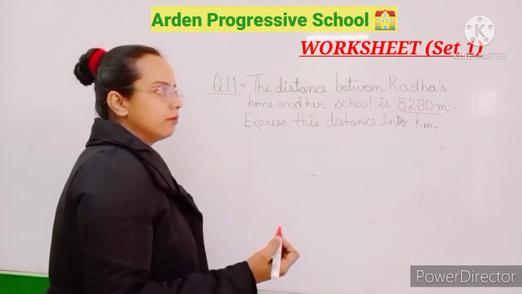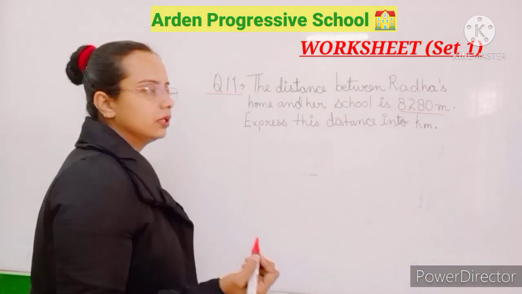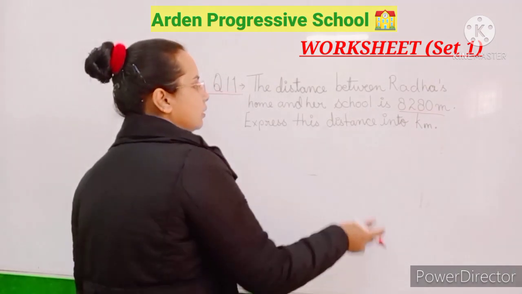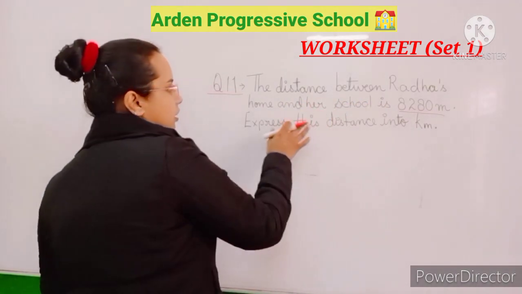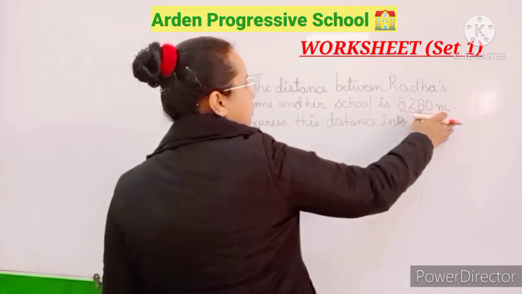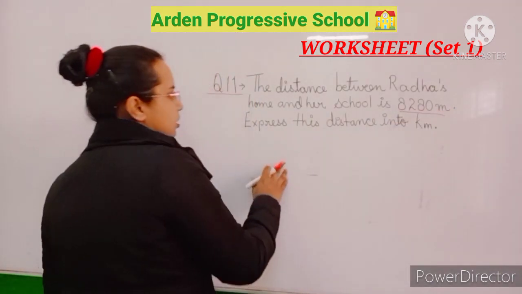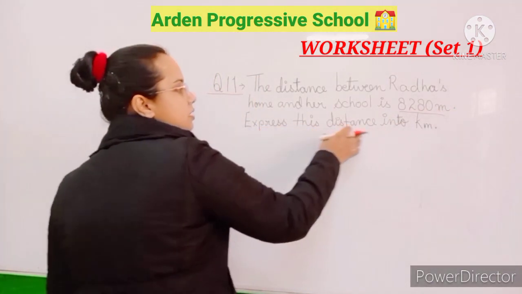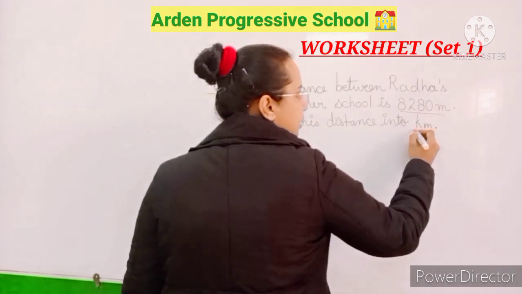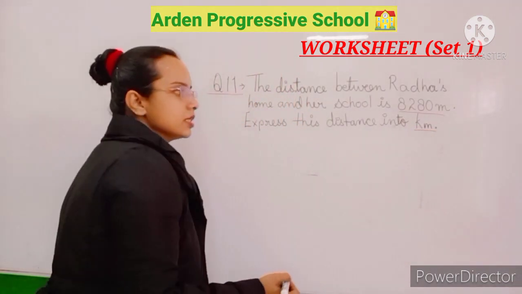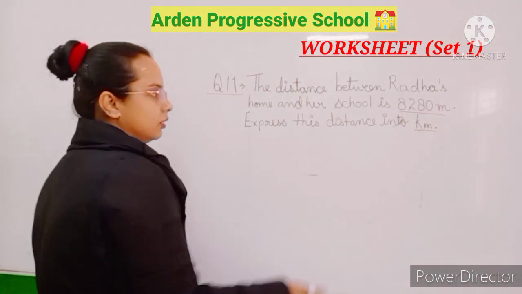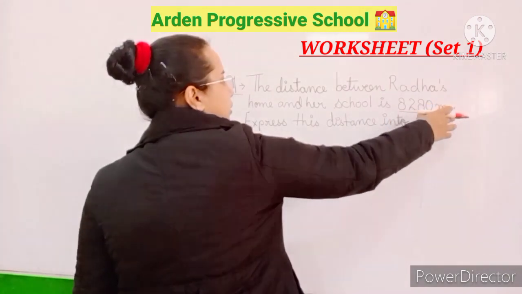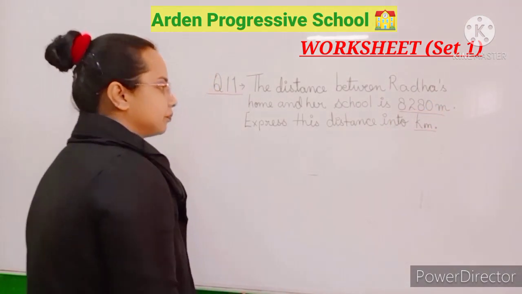Small m represents meter; it is the symbol of meter. So you have to express this distance in kilometers. It is written km, which means kilometer.